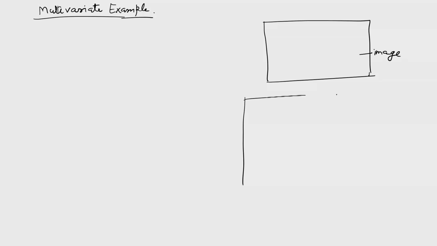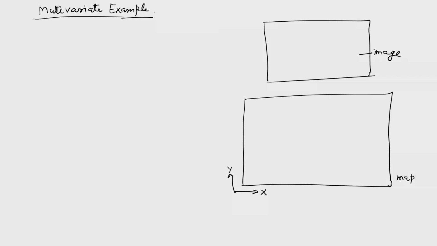The map is slightly bigger. So in case of the map, I observe capital X and capital Y, and in case of the image, I observe small x and small y. So I know the pixel number, or maybe I can find out x and y. So let us see, these are the points I observe in the image.